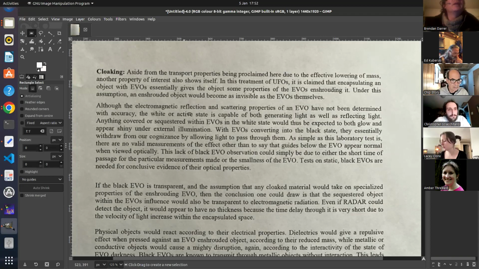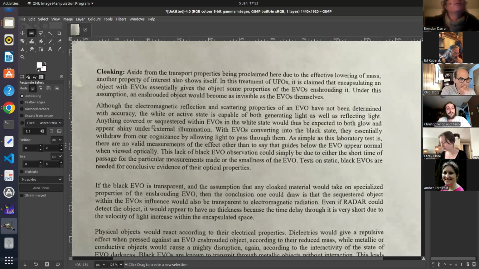Although the electromagnetic reflection and scattering properties of an EVO have not been determined with accuracy, the white or active state is capable of both generating light as well as reflecting light.